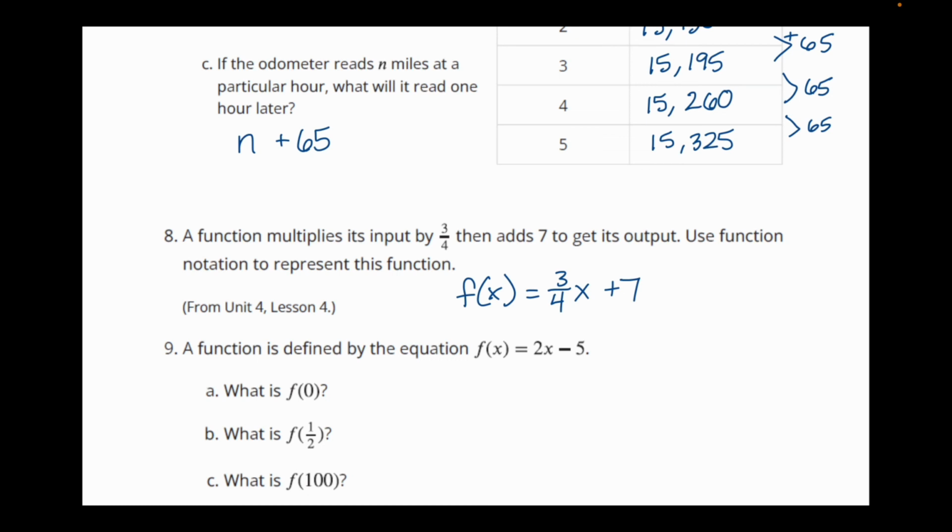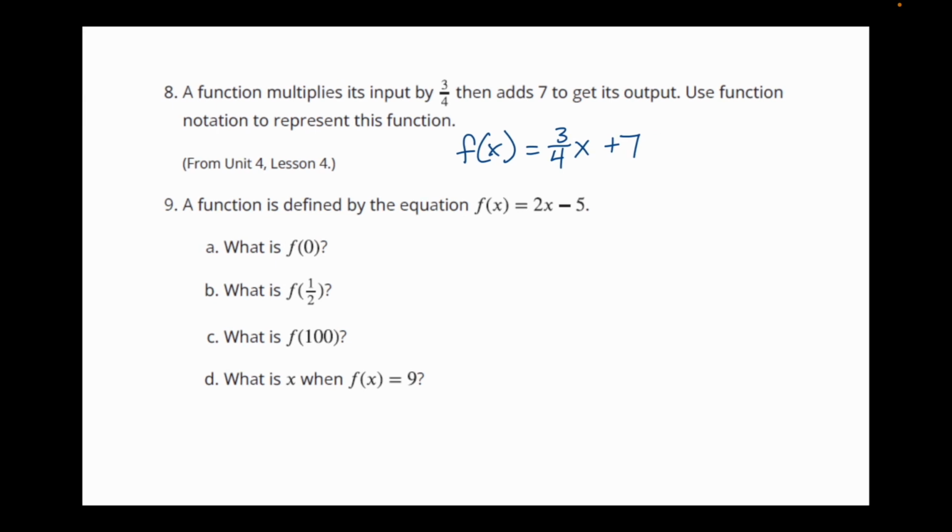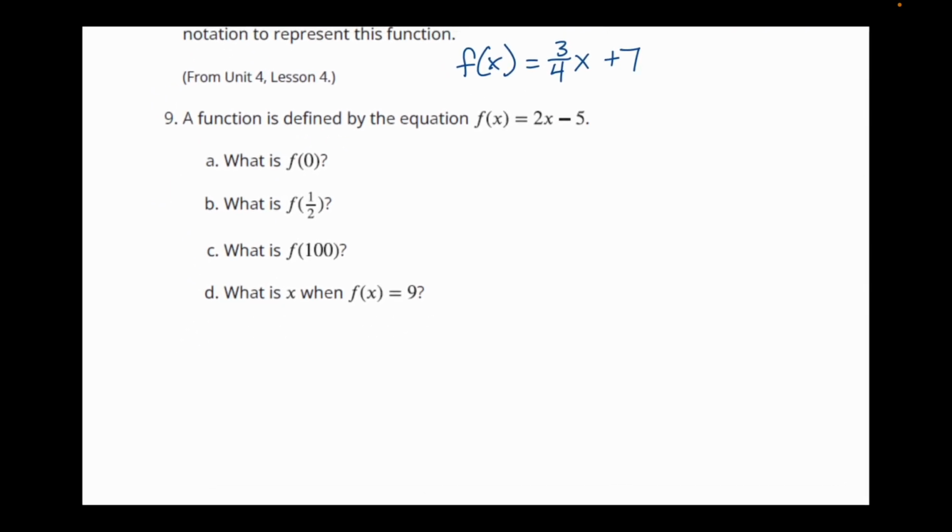And the last question is evaluating pieces of a function. So it gives us a function 2x minus 5, or f of x equals 2x minus 5. They want to know what is f of 0. That means when we input 0, what do we get? Well, if you input 0, 0 times 2 is 0 minus 5, so you just get negative 5.